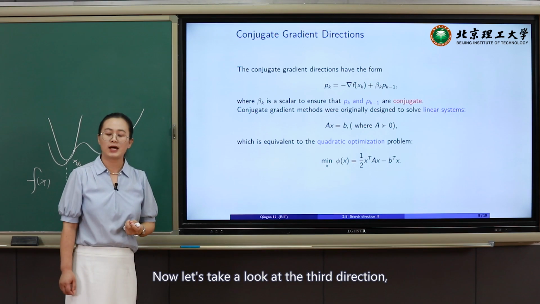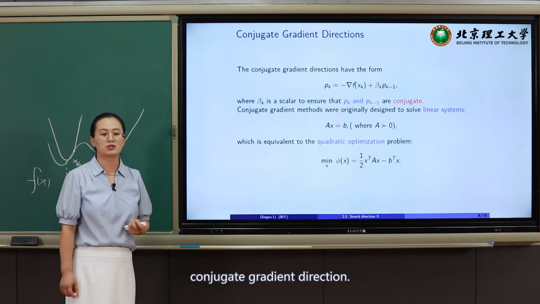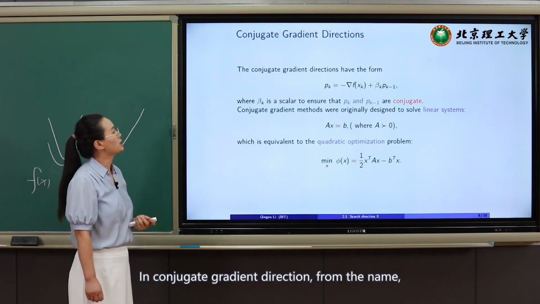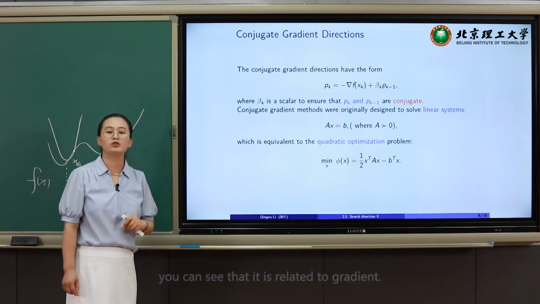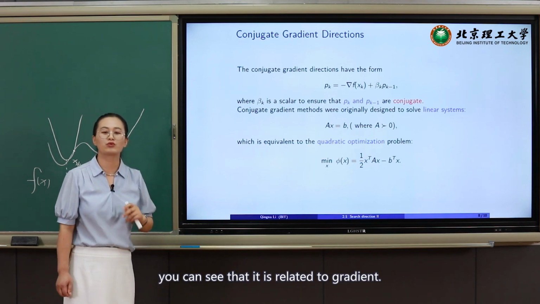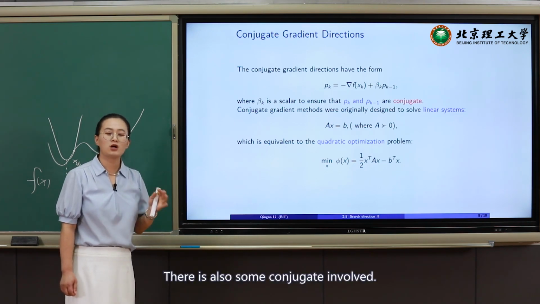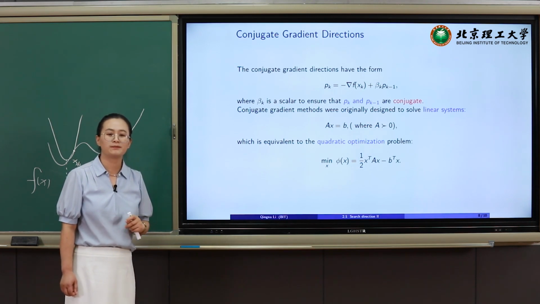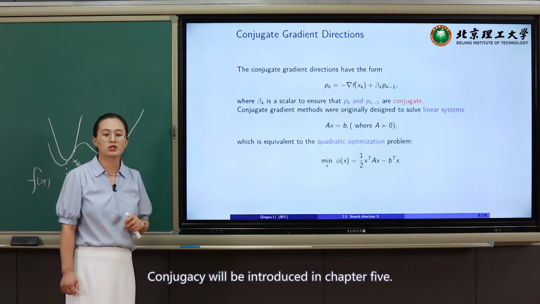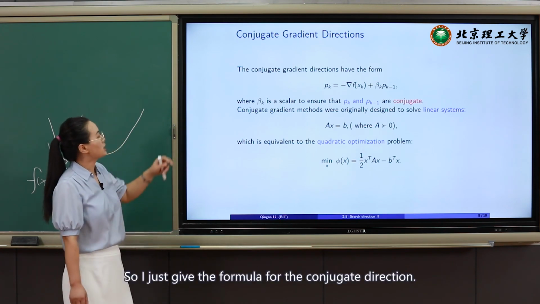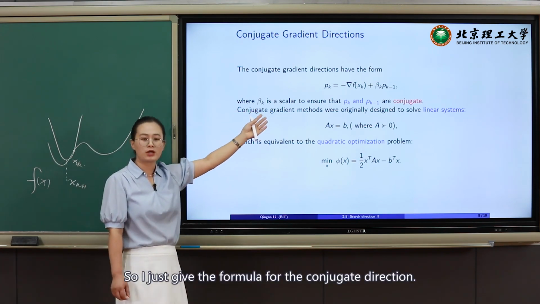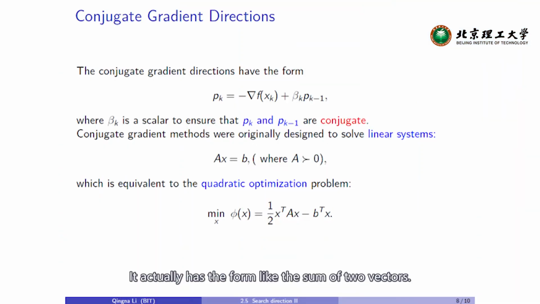Now, let's take a look at the third direction, the conjugate gradient direction. From the name, you can see that it is related to the gradient. There is also some conjugacy involved. Conjugacy will be introduced in Chapter 5, so we do not introduce the notation here. I just give the formula for the conjugate gradient direction. It has the form of the sum of two vectors.